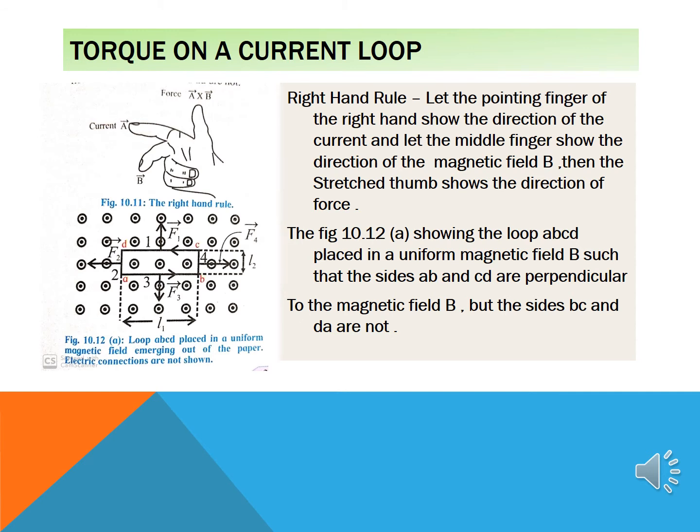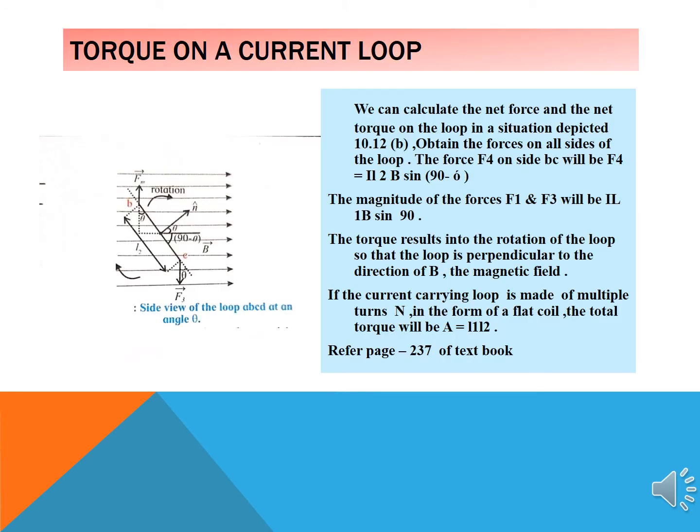We move further to the third part of this topic, which shows the side view of the loop ABCD at an angle theta. We can calculate the net force and the net torque on the loop in such a situation, which is depicted in figure 10.12, which you could see very clearly.